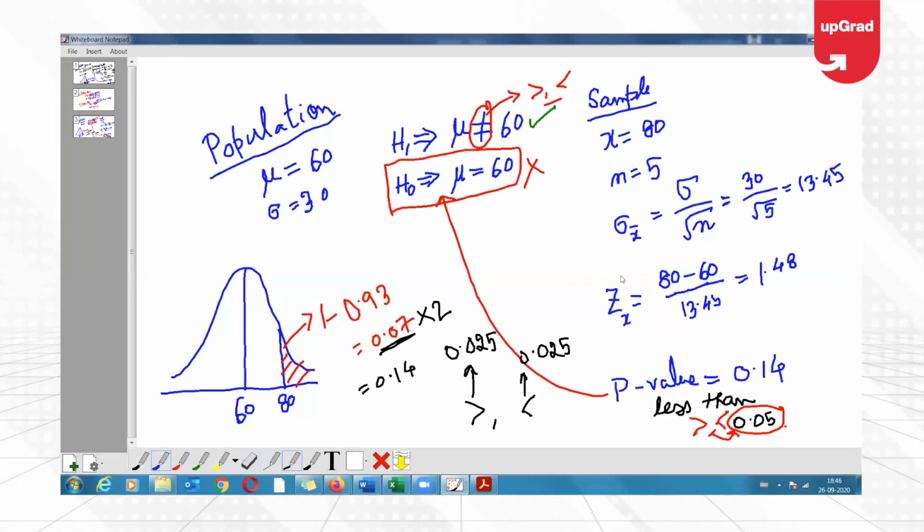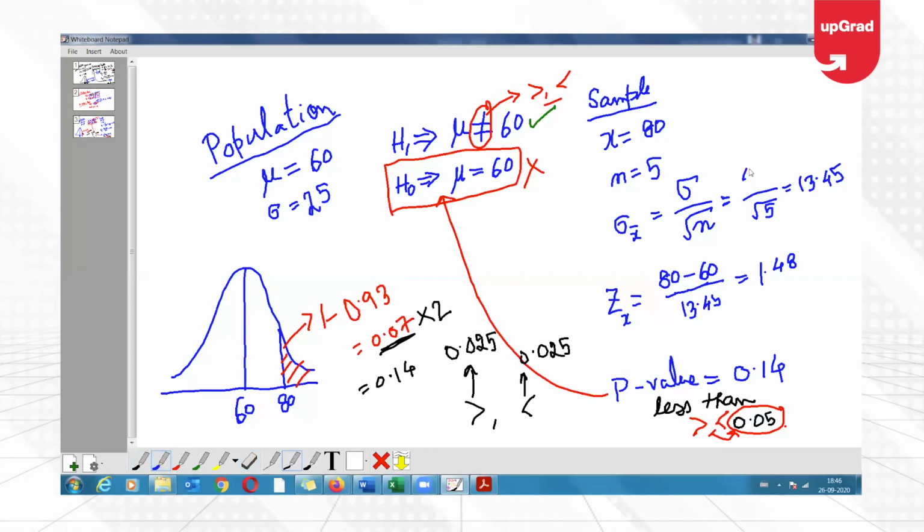So let's make some quick changes. Let's bring down the sigma, maybe make it 25, just to check if I can reduce the p-value slightly and reject the null hypothesis.